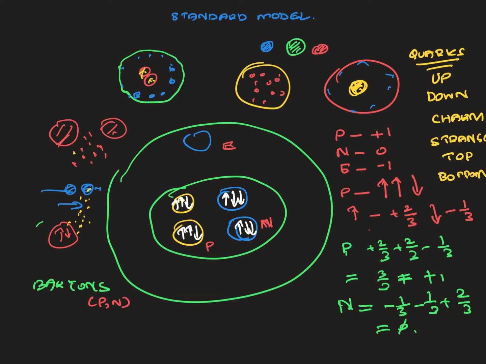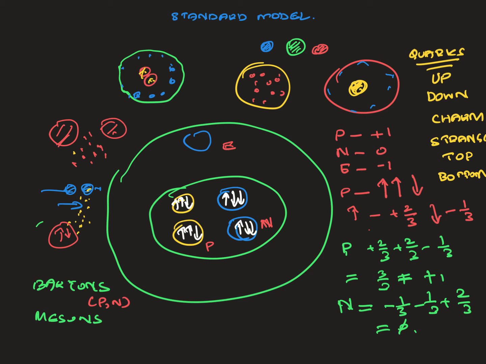They are not fundamental. We call them mesons. So mesons and baryons are particles that are formed from quarks. Baryons, you obviously know, are formed by 3 quarks, and mesons are formed by 2 quarks.